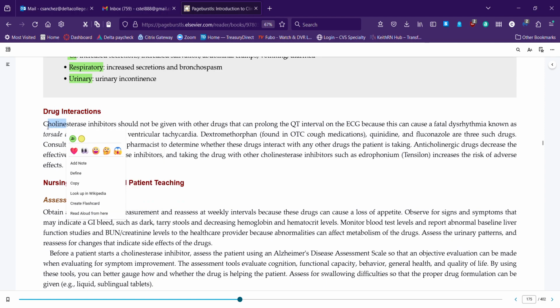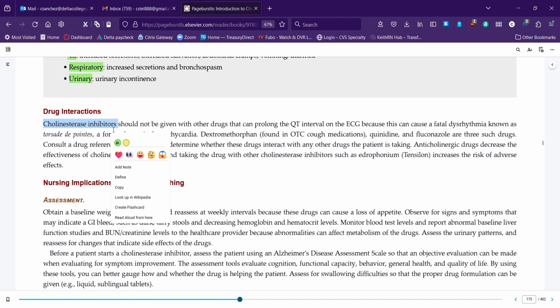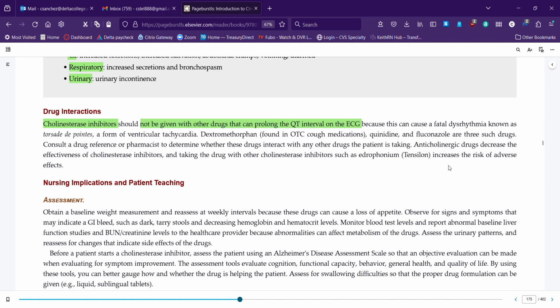All right. So next, our drug interactions. So our cholinesterase inhibitors should not be given with any drugs that can prolong the QT intervals on the EKG, because this can cause a fatal dysrhythmia known as torsades de pointes. All right, so this is a form of ventricular tachycardia.